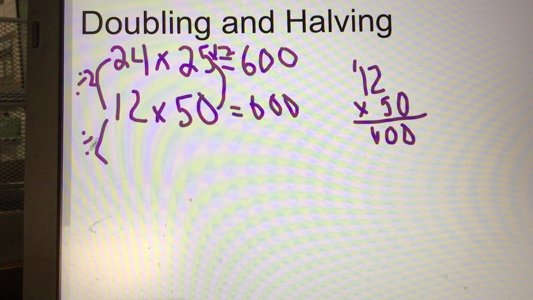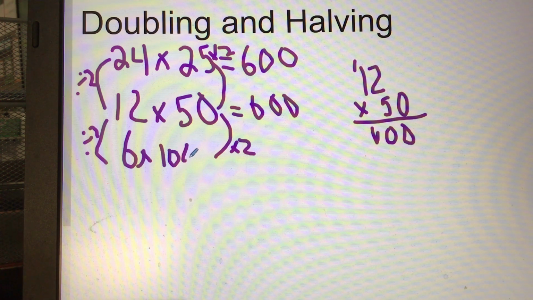So 12 divided by 2, we all should know, is 6. And 50 times 2, which we all should know again, is 100. So we have 6 times 100 equals 600.